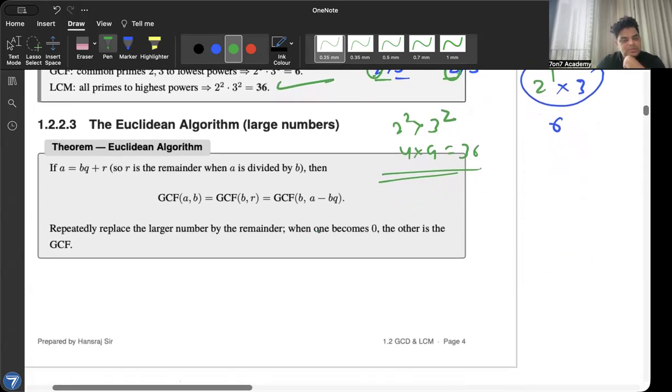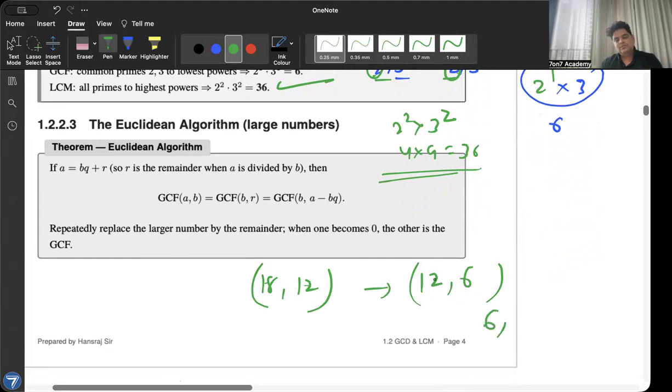This is a method they are using to find the GCD, just like the GCD of 18 and 12. Write the lowest one and subtract, and then write again. If you subtract these two, what will you get? 6. Again write the lowest one, subtract and write 6. Whatever both are the same, that is your GCD. Understood, guys?